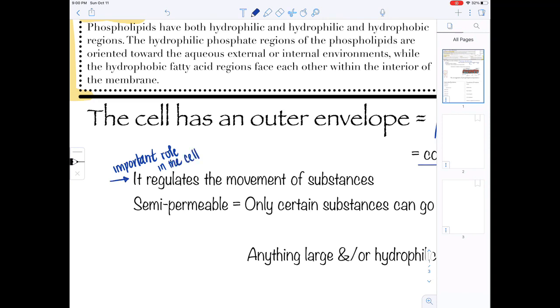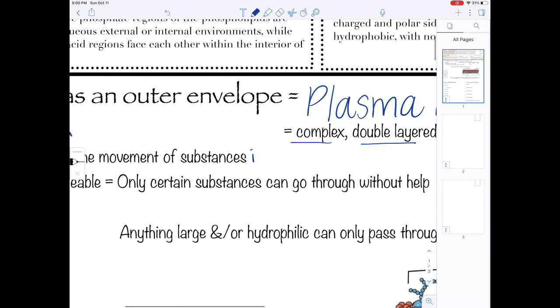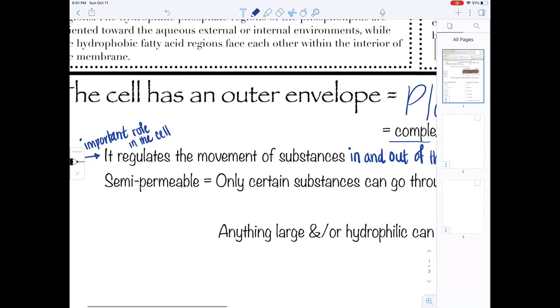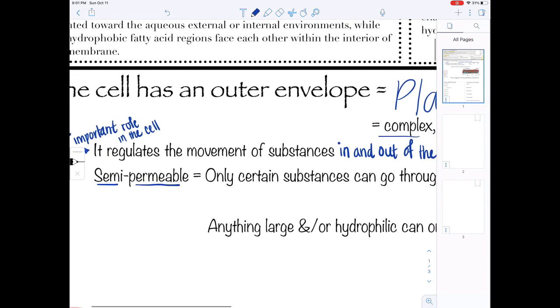It has a very important role in the cell, essentially regulating the movement of substances in and out of the cell, which is why there's a whole subtopic dedicated just to the plasma membrane. This is what controls what's going to come into the cell and what's going to get out of the cell. Now, the plasma membrane is semi-permeable, and we've looked at the word semi-permeable before.